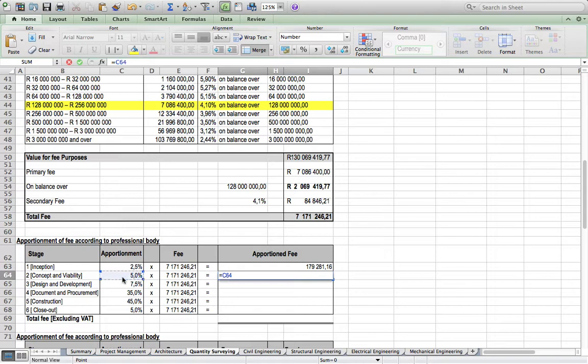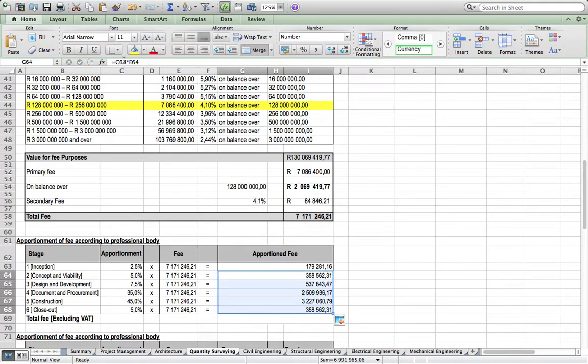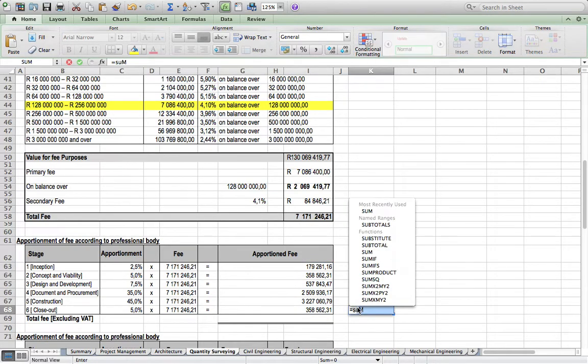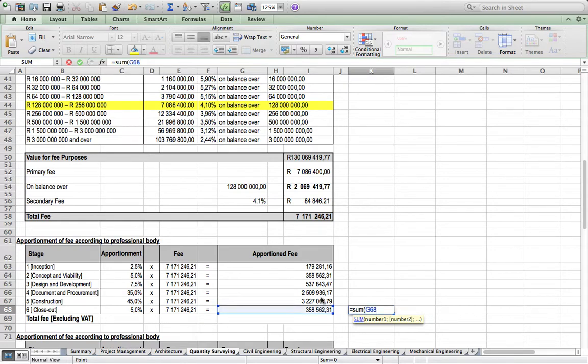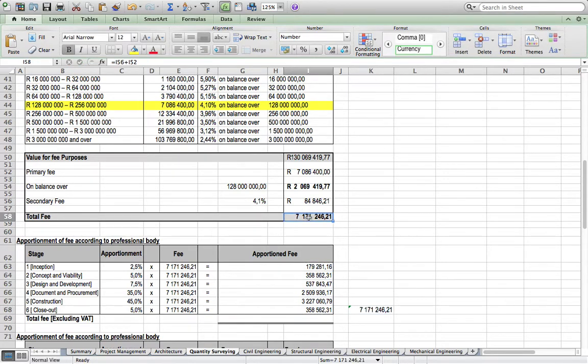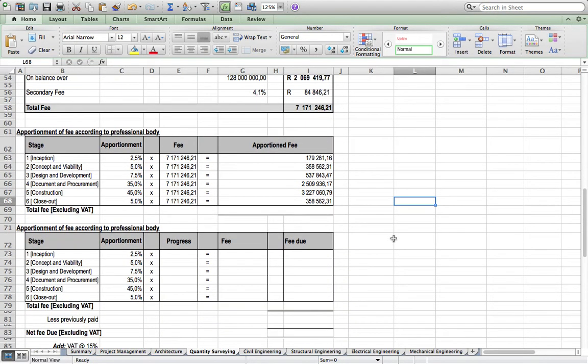Then that by that will give us how much it is for concept and viability. Then we drag that, and we'll have our total. This sum should be the same as that one. That's how we can complete our check. We'll say this sum should be equal to this, and it is, so it's correct. We can go on with that.